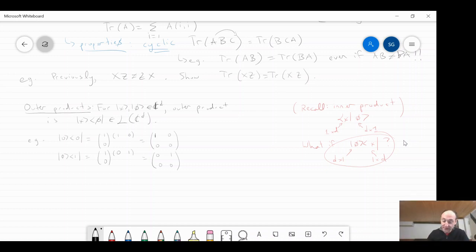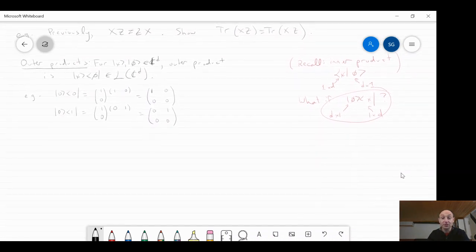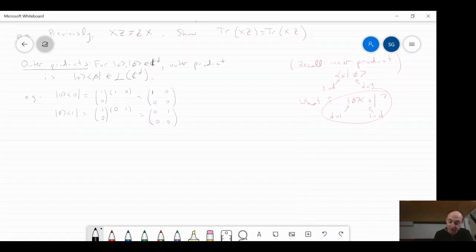Okay, so this is a very, very nice trick that you can use to work exclusively in Dirac notation and not have to switch back and forth into matrix notation. So let me write this out generally. If I write |i><j|, let me be clear, these guys are always the standard basis vectors in C^d. So whenever I index a vector by just a number i or j, I typically mean the standard basis vector.